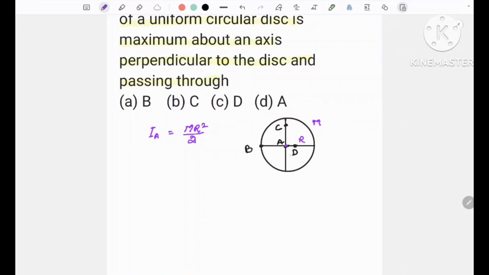If there is a point F at a small distance d from A, then the moment of inertia about F, perpendicular to the disc, IF will be IA plus md square.